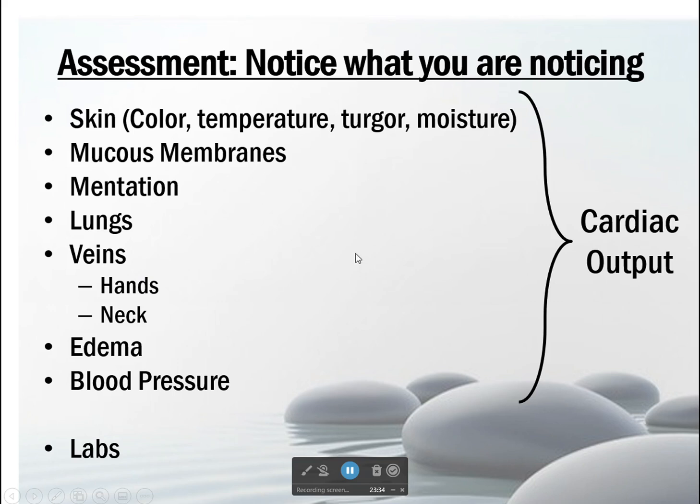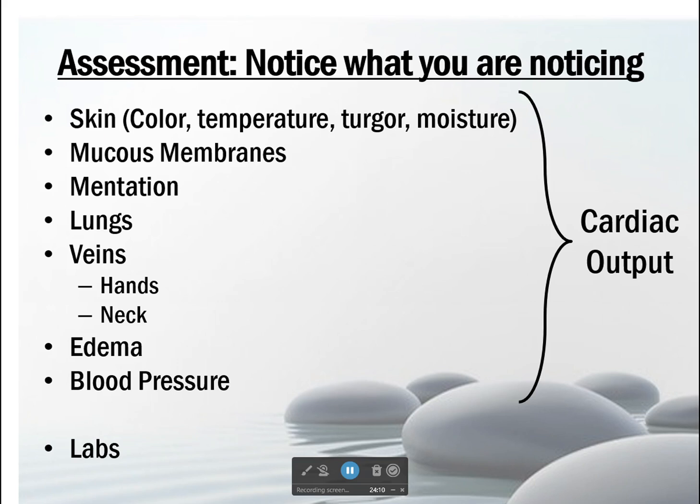Now, when we're assessing patients with fluid volume changes, in the next portion of the course, we'll be in the classroom and we'll go over a variety of case study type situations and different conditions. The important thing as you're assessing your patients, you've been working on assessments, is notice what it is you're noticing. So some things you're going to see and may not remember to call your own attention to are things like skin color, temperature, texture, turgor, moisture.